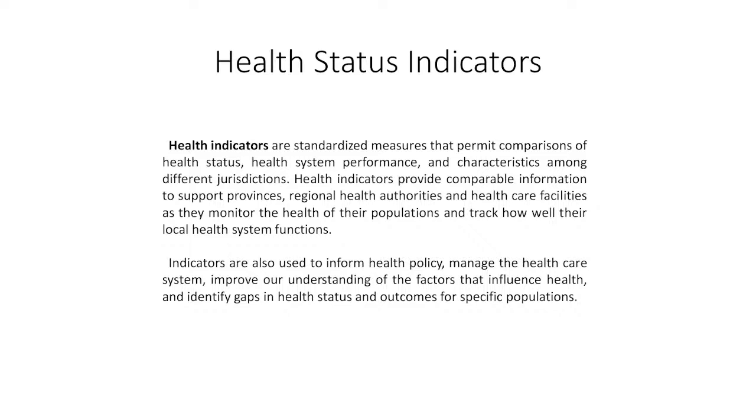Health indicators are standardized measures that permit comparisons of health status, health system performance, and characteristics among different jurisdictions. Health indicators provide comparable information to support provinces, regional health authorities, and health care facilities as they monitor the health of their populations and track how well their local health system functions.